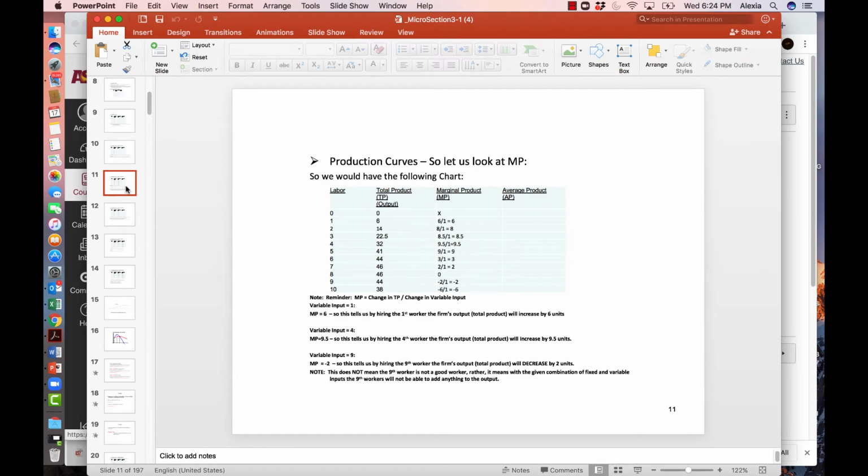But more often than not, we want to understand what each additional worker is going to provide to a company. Let's say you're a manager of a department and you need to hire an extra person to help you in your office. If you went to your manager and said, I need an extra person working for me, they'd say, okay, but why?